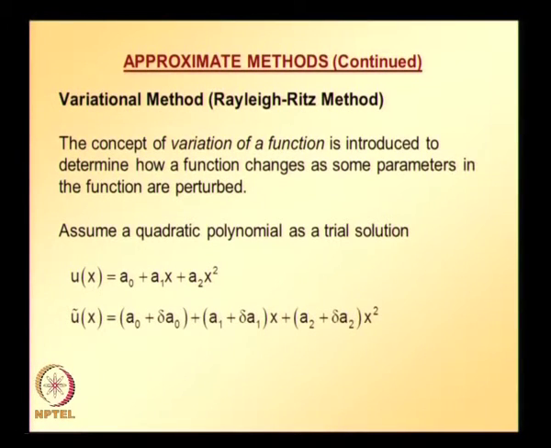The perturbed function is denoted with u tilde, and the difference between u tilde and u is the variation of u. If we simplify, substituting u tilde and u, the variation of u is equal to delta A naught plus delta A1 x plus delta A2 x square.